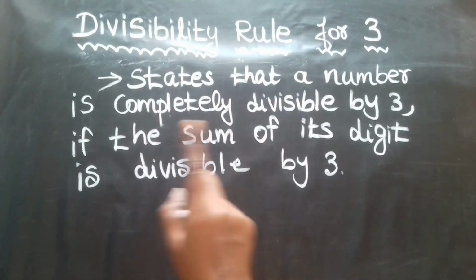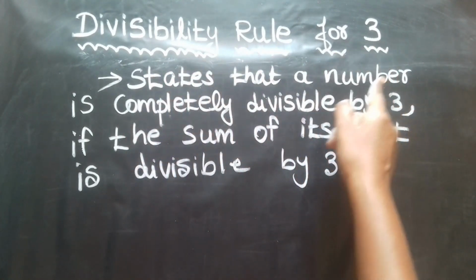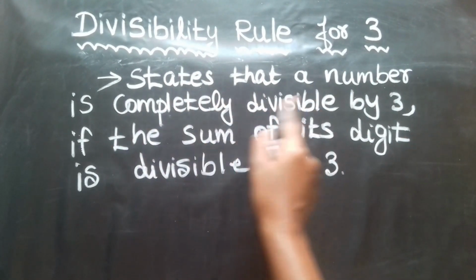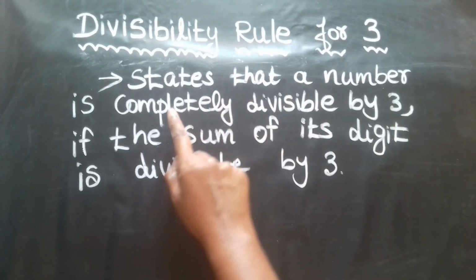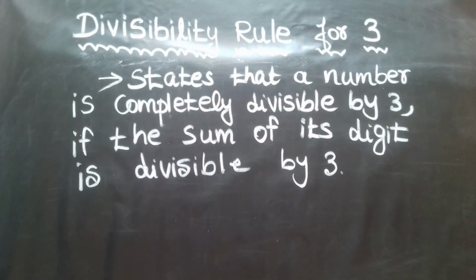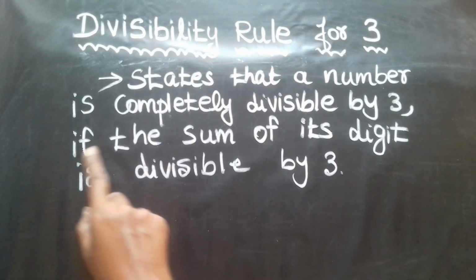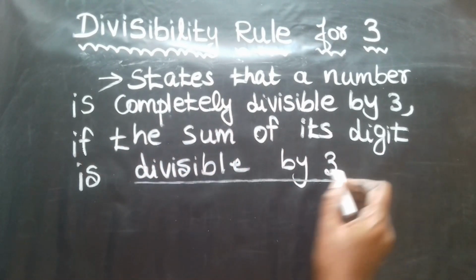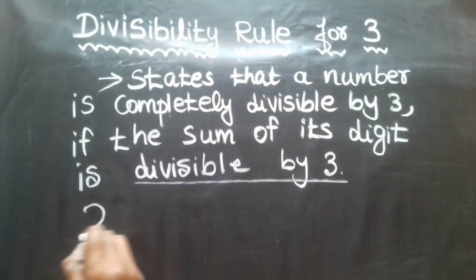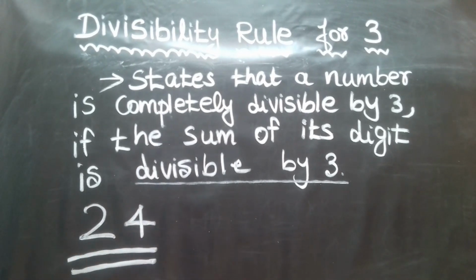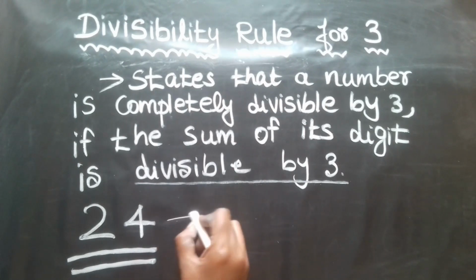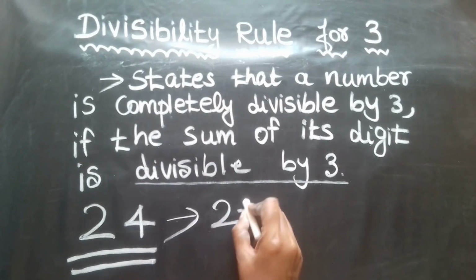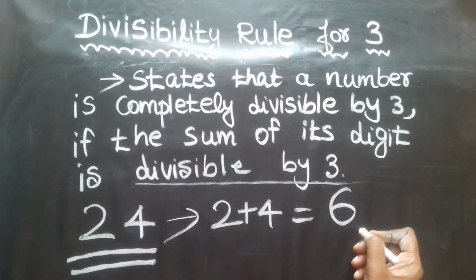In the textbook, you have learned that the divisibility rule for 3 states that a number is completely divisible by 3, meaning the remainder should be 0, if the sum of its digits is divisible by 3. For example, to check if 24 is divisible by 3, you need to find the sum of the digits. 2 plus 4 equals 6.